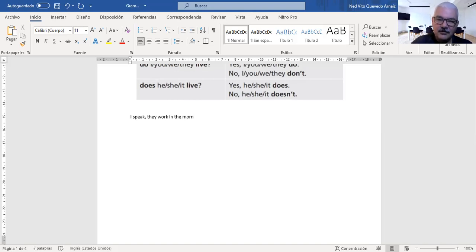And notice that in this case, nothing appears with the verb work. Only with the third person singular, we have a mark, and this mark is an S.